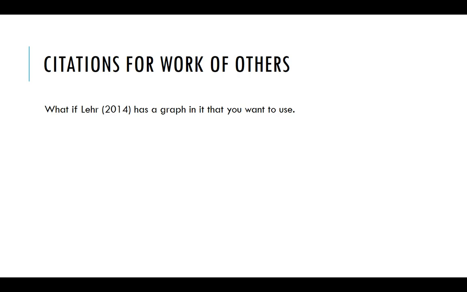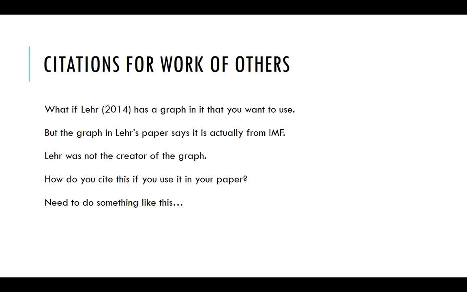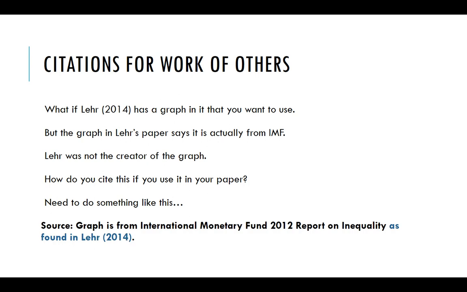at the end of your report or your research project. Now, what if there's a study by Lair in 2014 and has a graph in it that you want to use? But here's the deal. The graph in Lair's paper says it's actually from the IMF, the International Monetary Fund. And that tells me, okay, Lair was not the creator of the graph, but I actually found it in Lair's paper. So how do we cite this if we use it in our paper? Well, we have to do something like this.